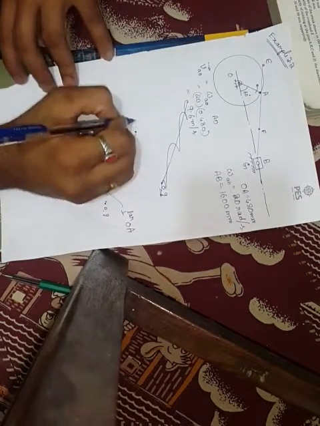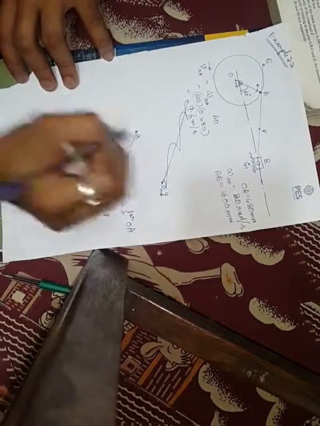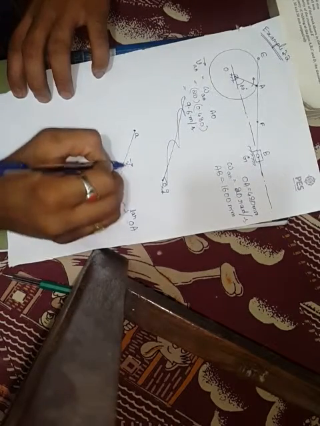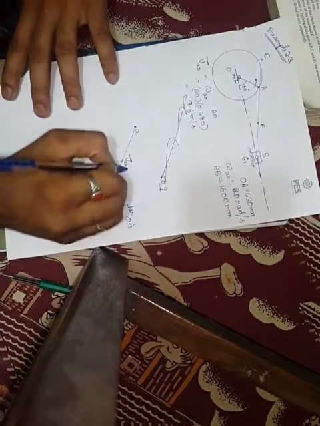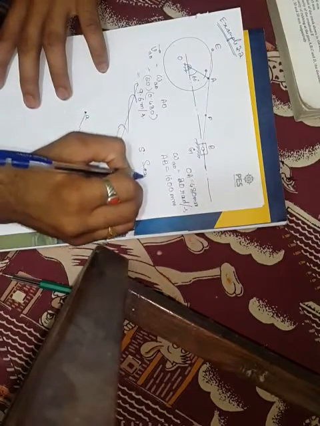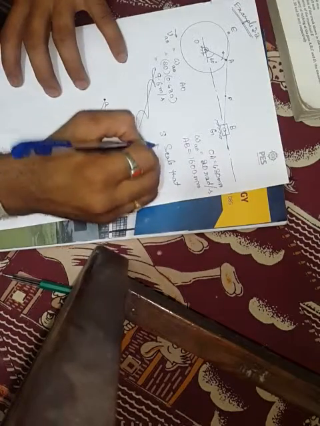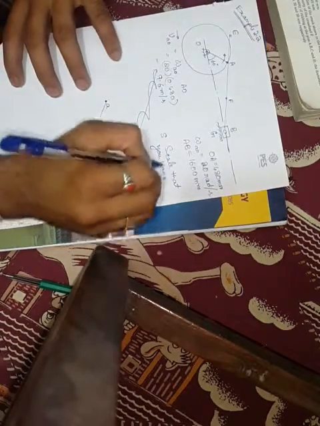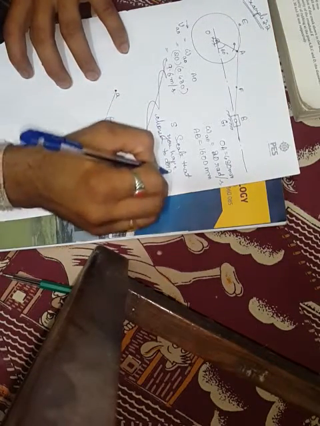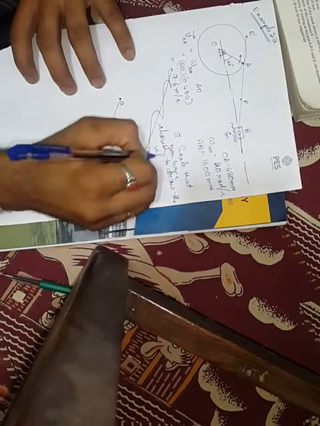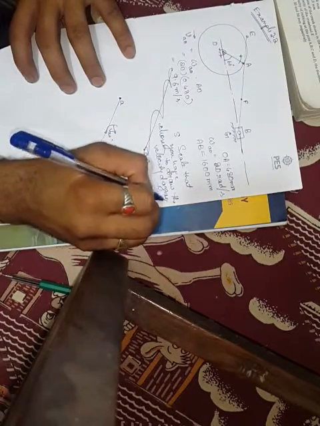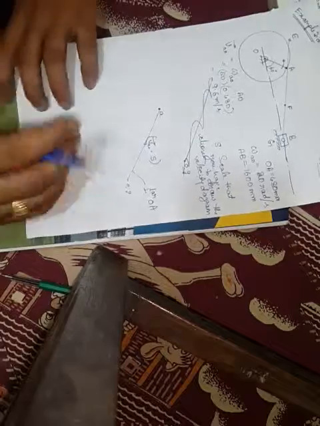In this case this point will be A. This line is the velocity vector of A with respect to O times the scale that you have chosen to draw the velocity diagram.